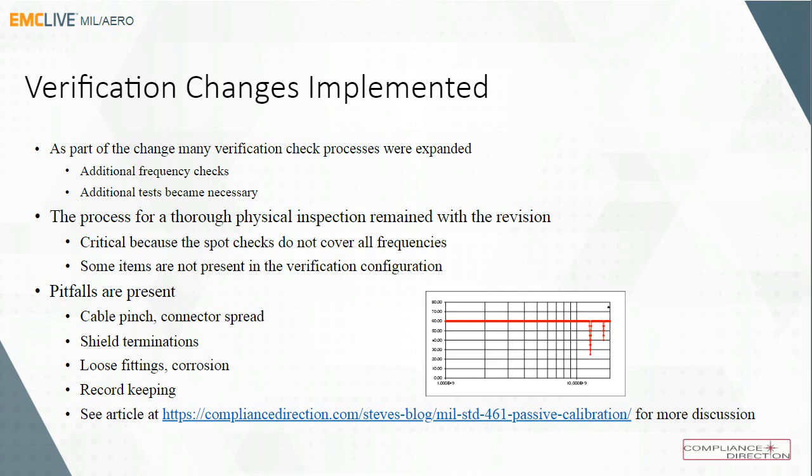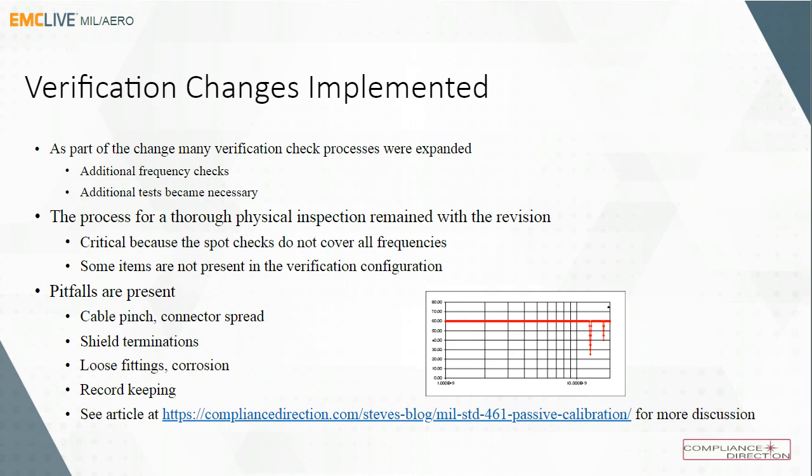And we also have some pitfalls in record keeping. We tend to check these things and get all the charts and graphs and put them into the report, but we don't put a log on the calibration of that device to show that we did check it occasionally. So record keeping can become a potential issue.